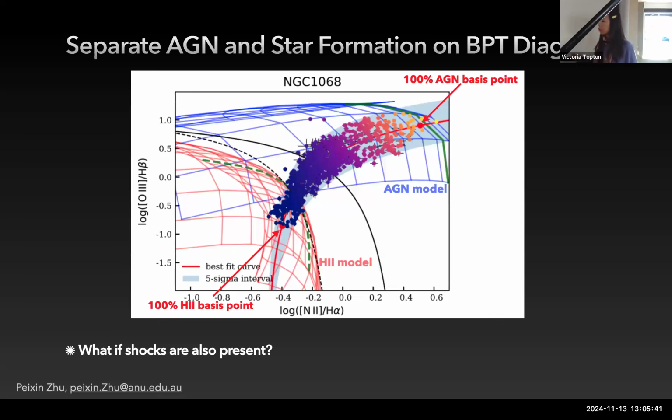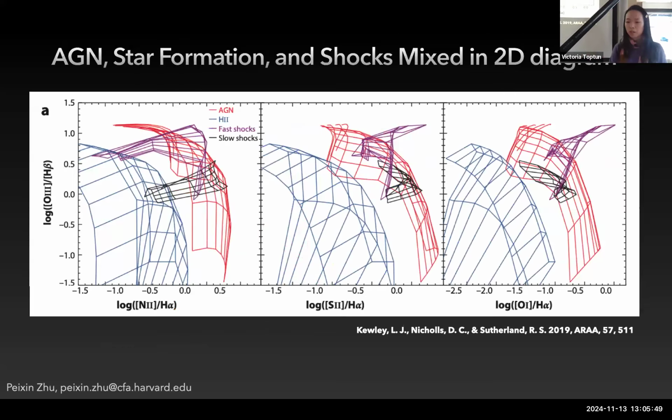But as I said before, shocks are also present in these galaxies. So if shocks are present, how can we do that? Can we do the same separation on this 2D diagram? Unfortunately not. This plot shows the model grids, which are theoretical model predictions, for the HII regions, where the star-forming region is in the blue grid, the AGN region in the red grid, the shock region in the magenta grid for fast shocks, and slow shocks in the black grid.